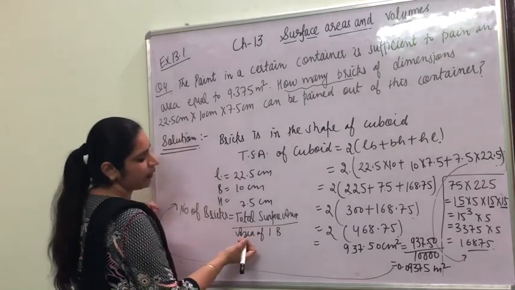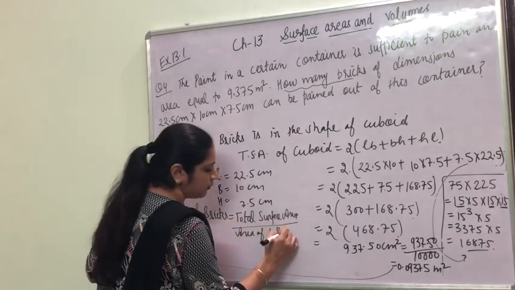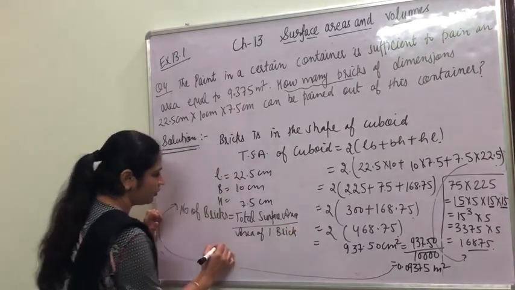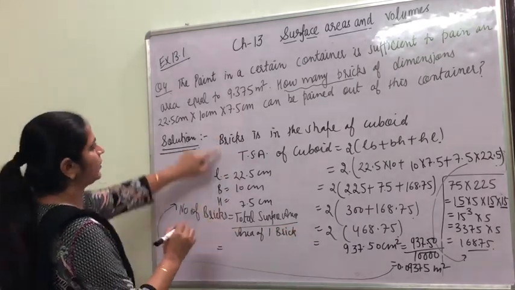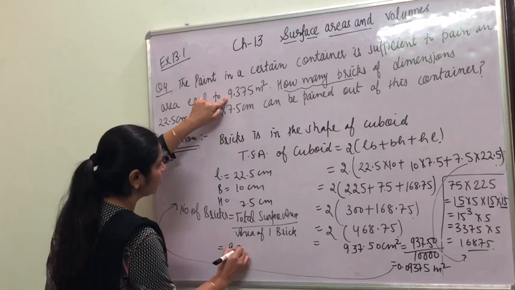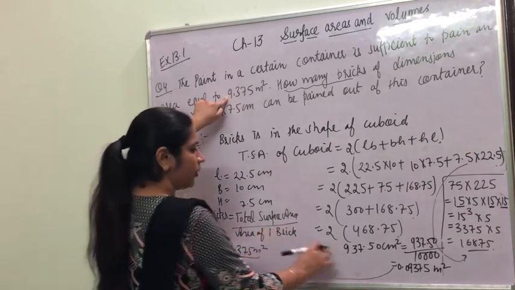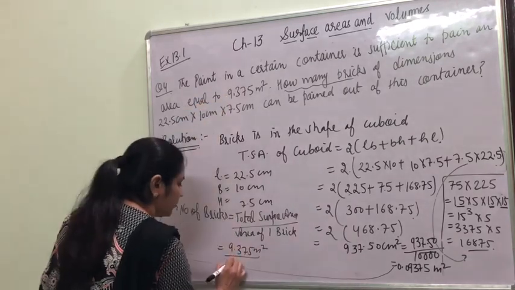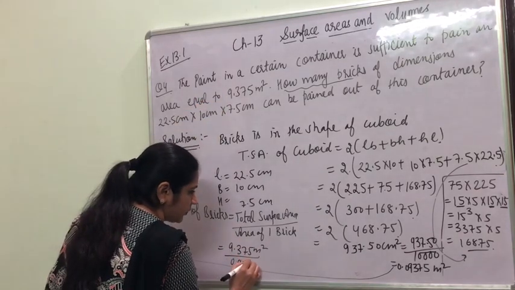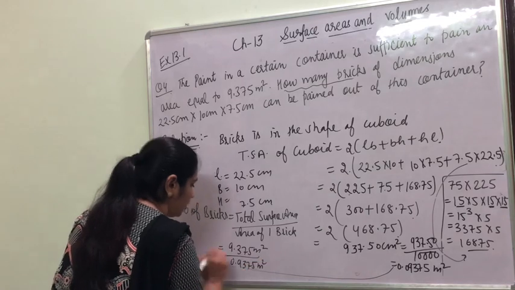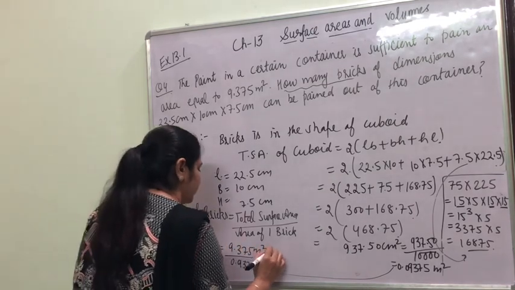Here simply you can write area or total surface area, it's up to you. Total surface area is given as 9.375 meter square, and the area of one brick is 0.09375 meter square.